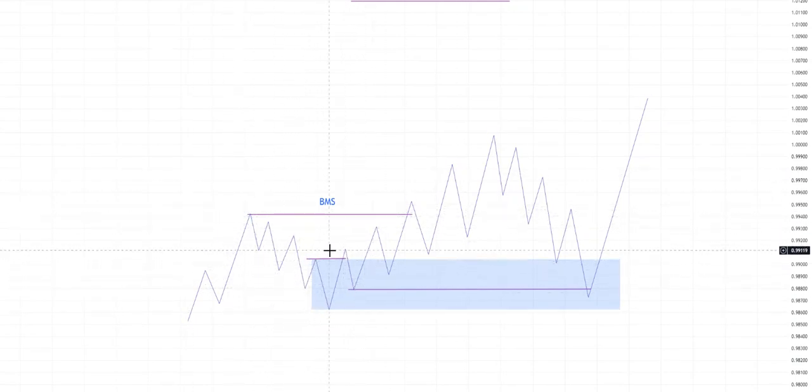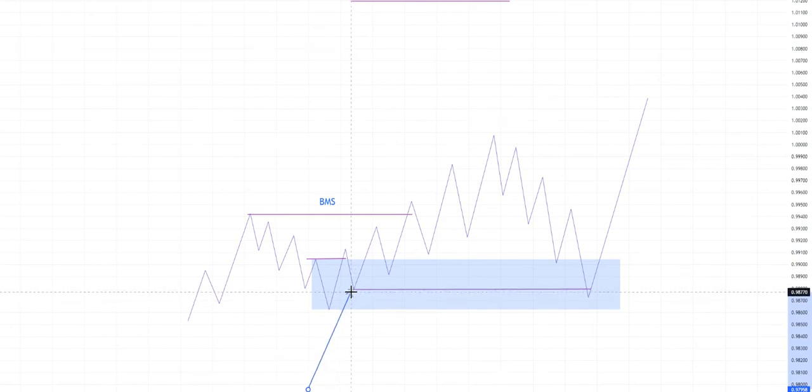Okay. So now the low that was formed immediately after we took out this first BMS, this MBOS, this low right here, that is what we call our point of primary inducement.